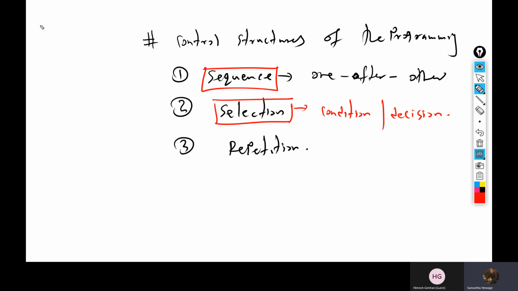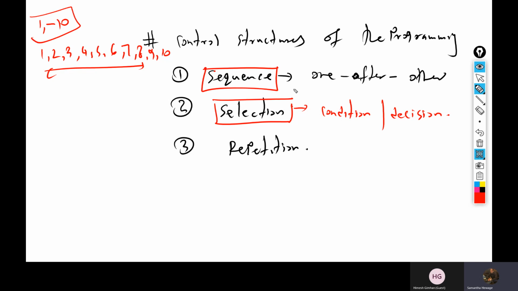For example, if somebody asks me, can you spell numbers 1 to 10 sequentially? I am saying 1, 2, 3, 4, 5, 6, 7, 8, 9, and 10. So that is how, sequentially, one after the other, I spell out the numbers 1 to 10.